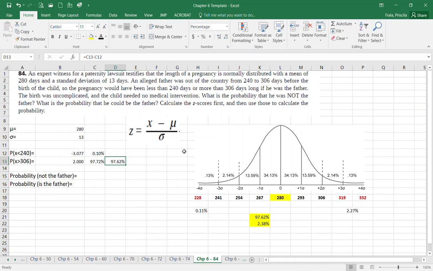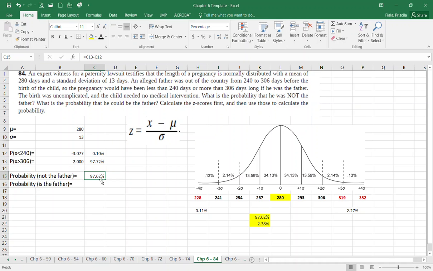Therefore, you already have the answer for the part that he's not the father. Why? Because remember, all this portion right here, eliminating this and this, is the part where he was out of the country, therefore he couldn't possibly be the father.